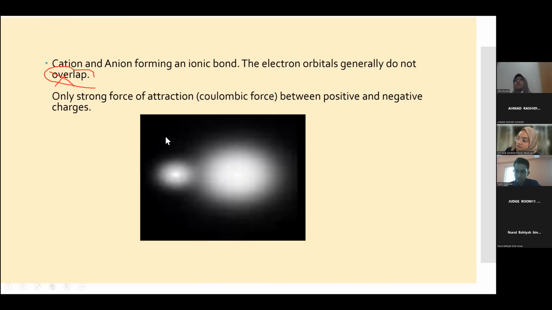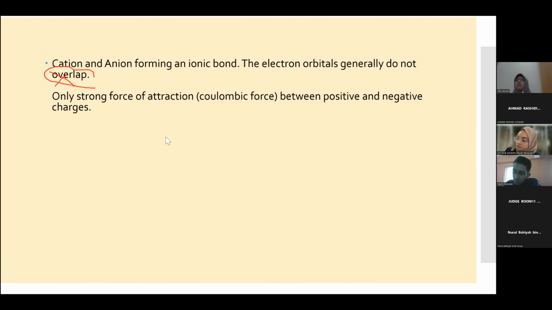Only a strong force of attraction. So the interaction is only the strong Coulombic force. Coulombic force is the interaction between plus and minus, between cation and anion.